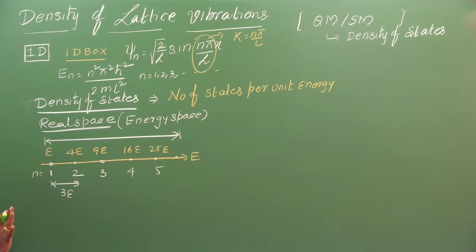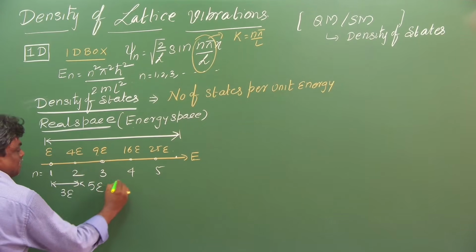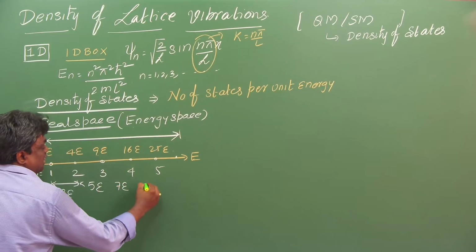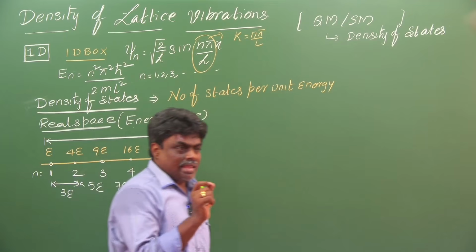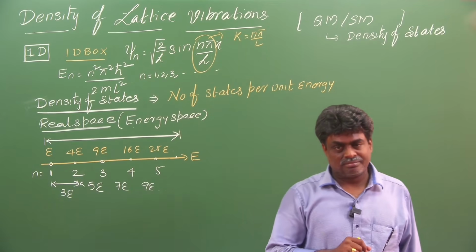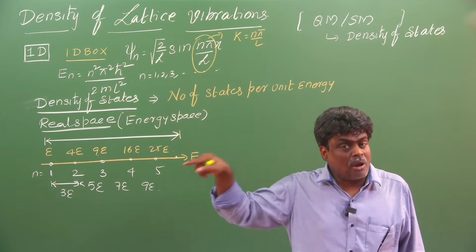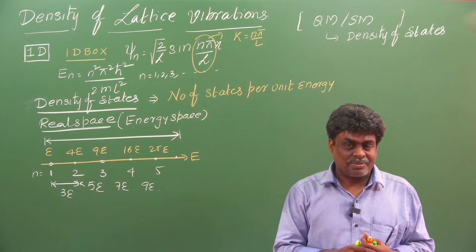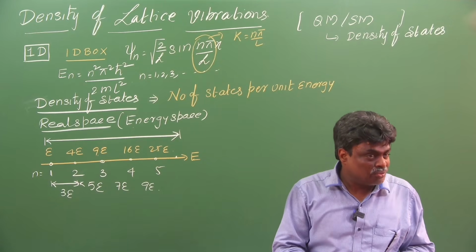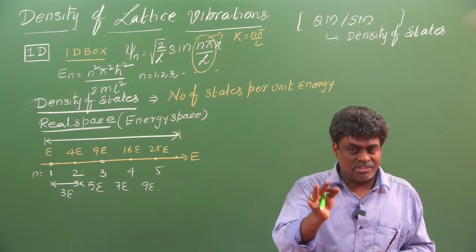What is the separation? Next is 9. Are they equally spaced? Can you say the number of points without counting? No. That's why real space is not useful to find the density of states.